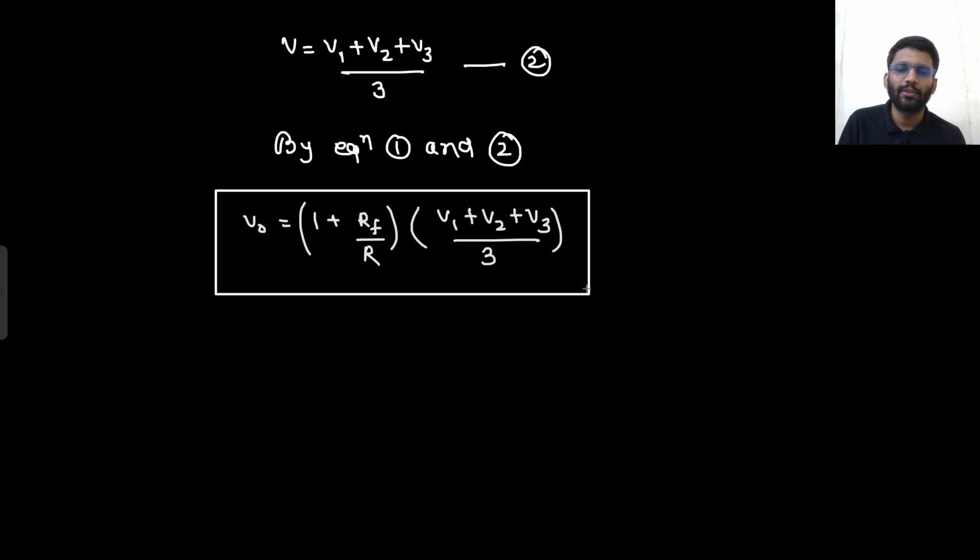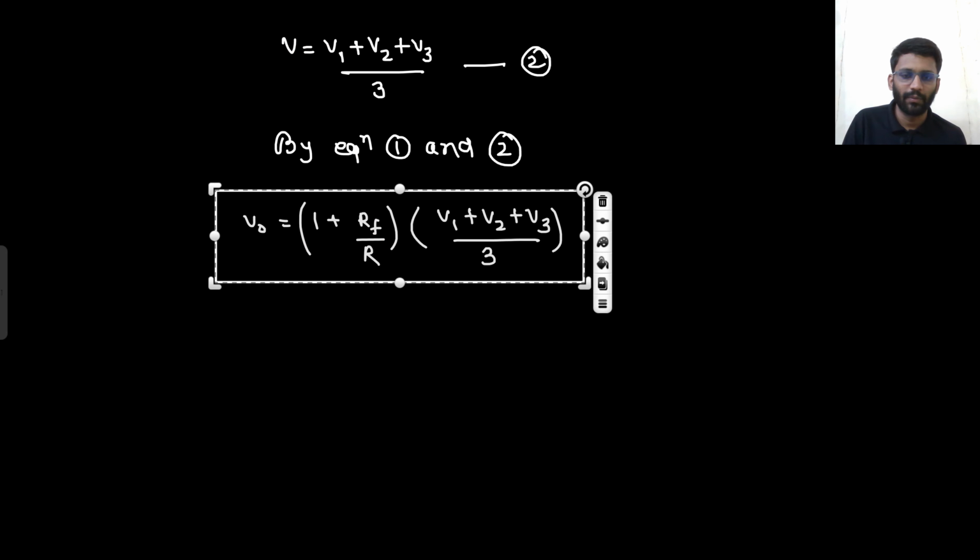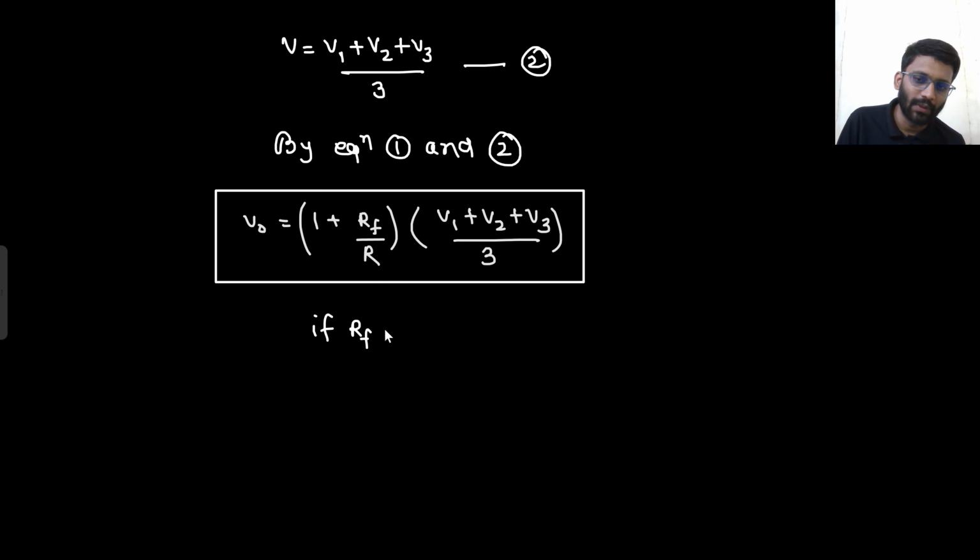Now if you need V naught equal to V1 plus V2 plus V3, what do you need to do? We just need to put RF equal to 2R. If RF is equal to 2R, then what will happen? With 2R there, this will become 2 plus 1, 3, and 3 and 3 will get cancelled. So V naught will be equal to V1 plus V2 plus V3. That's it.